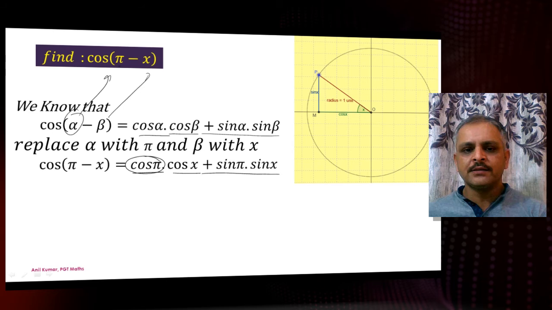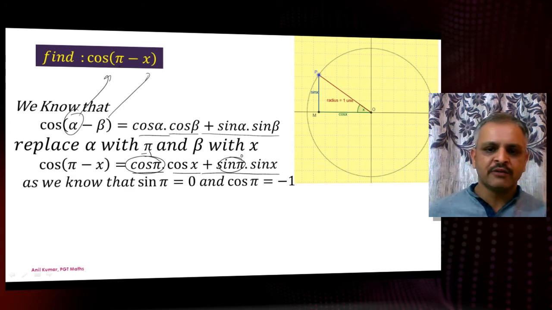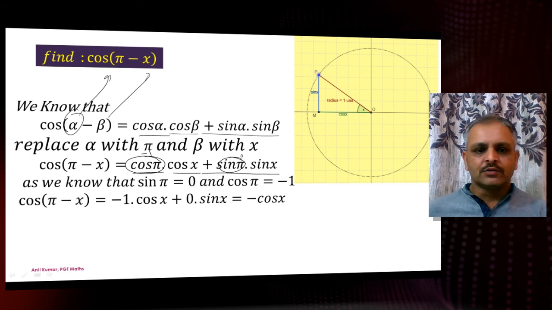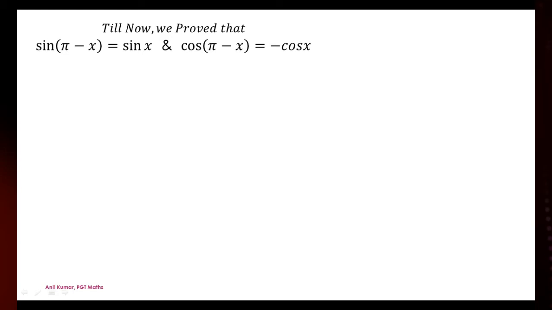As we know, cos pi is minus 1 and sin pi is 0. Let's put the values, so this will become 0 minus cos x. So cos(pi minus x) is minus cos x. Sin(pi minus x) is sin x and cos(pi minus x) is minus cos x.